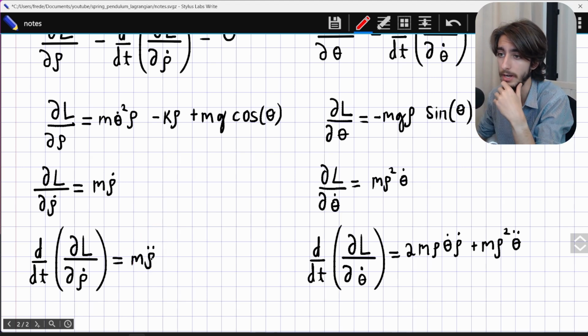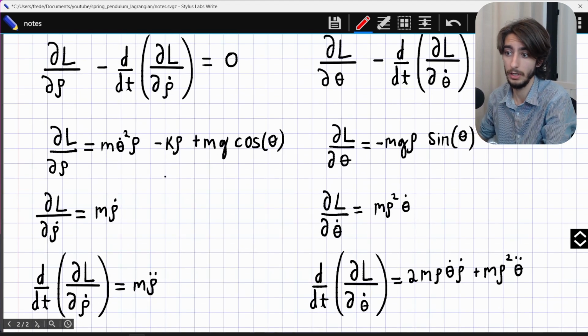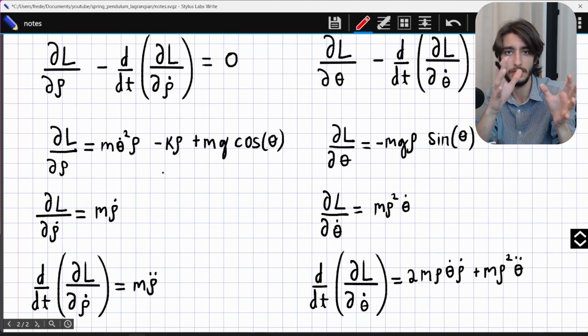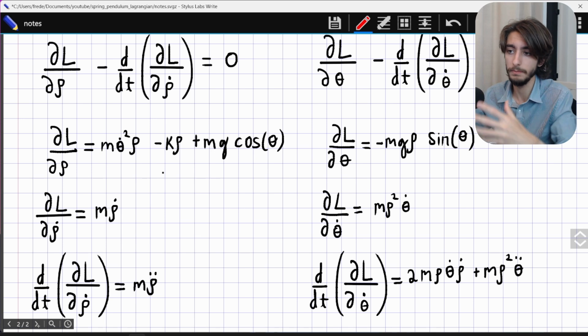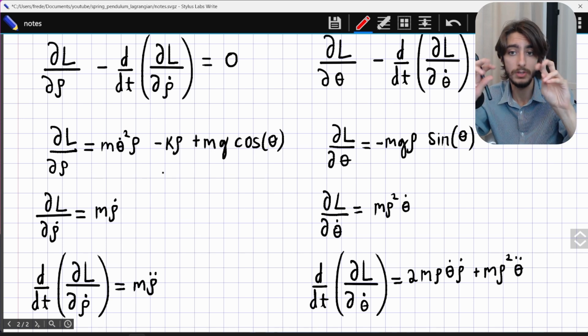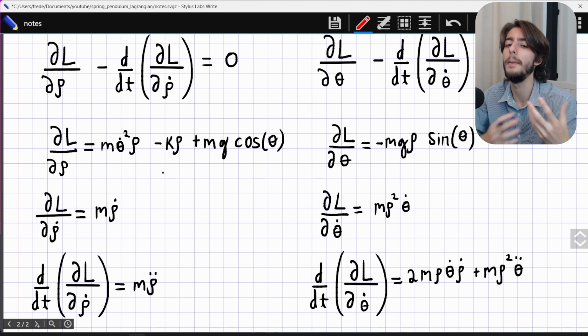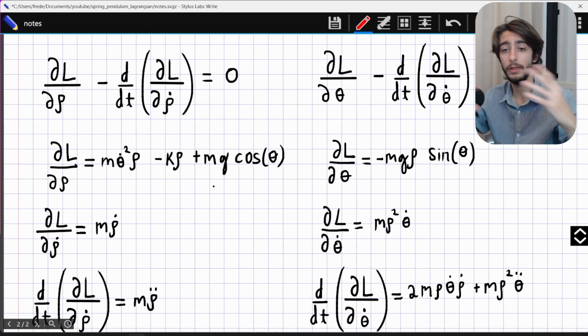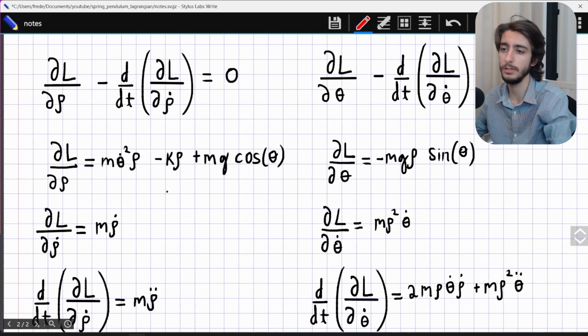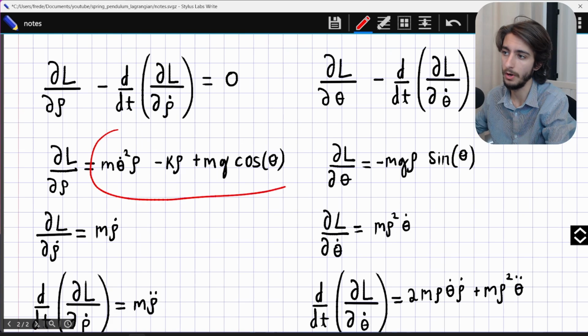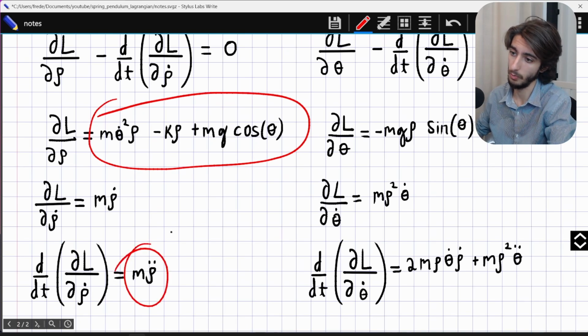Mass times acceleration. So our equation of motion is going to look something like mass times acceleration equals something, right? And this something in most cases is going to be some sort of thing that we can describe as being like a force.